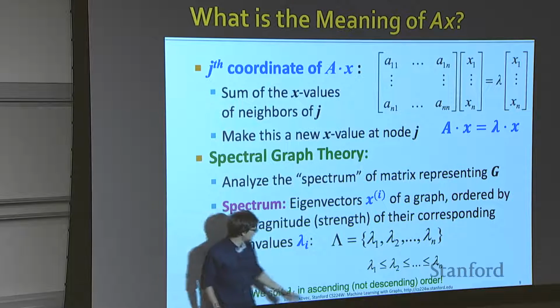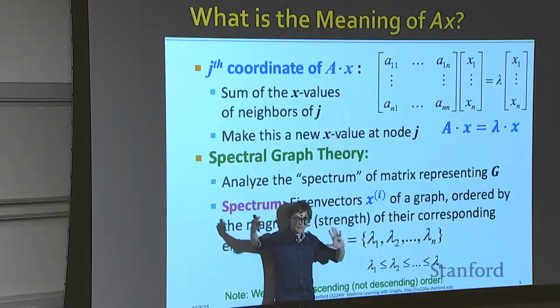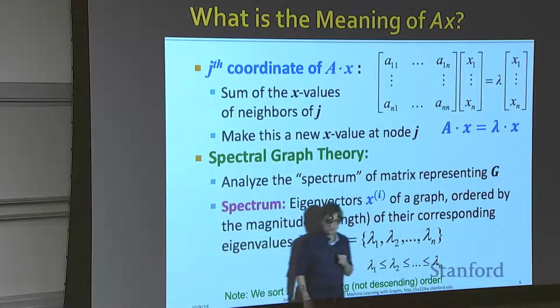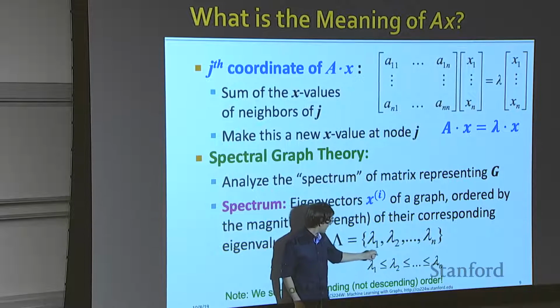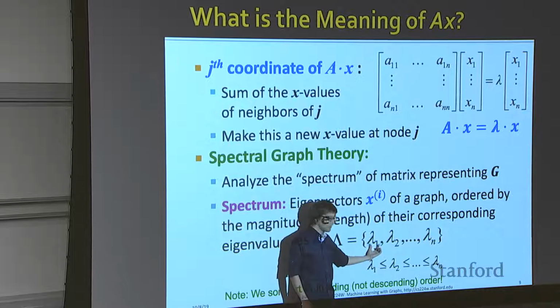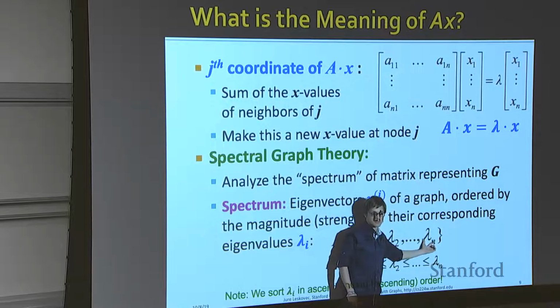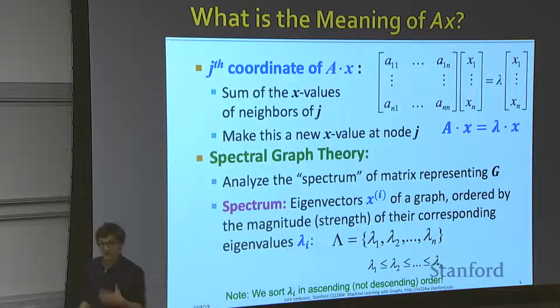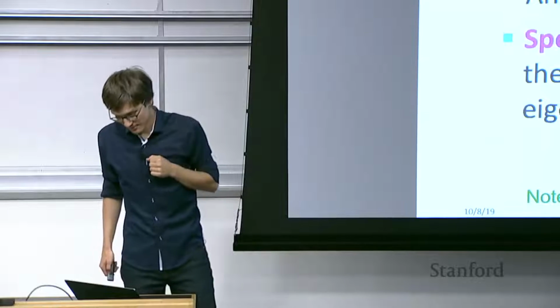Generally, for a graph on n nodes, you get n different eigenvectors and eigenvalues, and we will think of them as ordered, so that lambda 1 is the smallest eigenvalue and lambda n is the largest one. Each eigenvalue has a corresponding eigenvector. I'll give you some examples to build intuition.